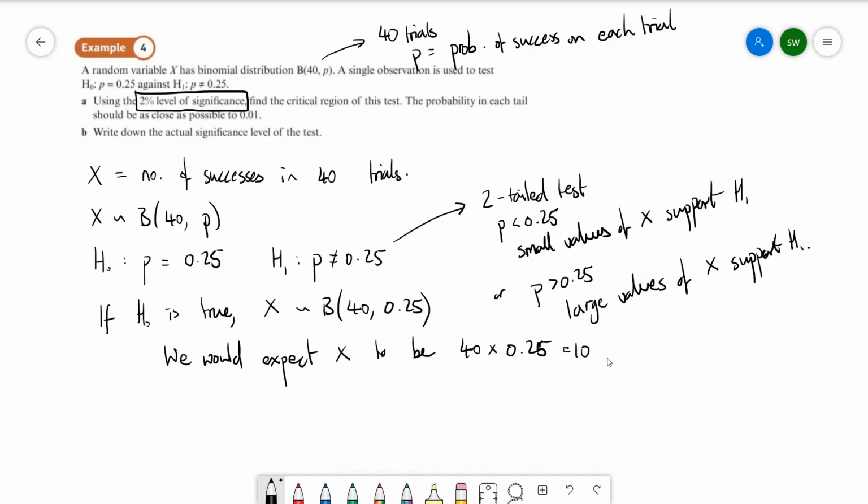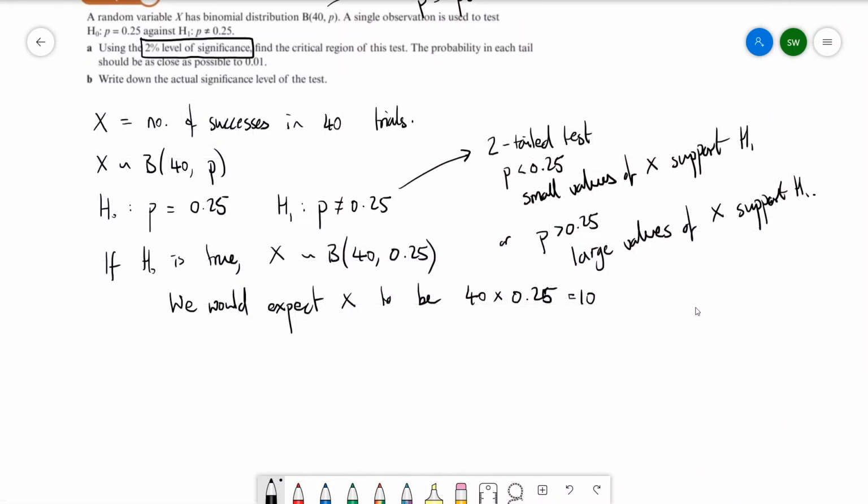Now our critical region is going to be slightly different in this case because we want our critical region to include small values of x and large values of x. So what we need to do is take this 2% significance level and split it up into a left-hand tail and a right-hand tail. So let's do these separately and let's write that down.